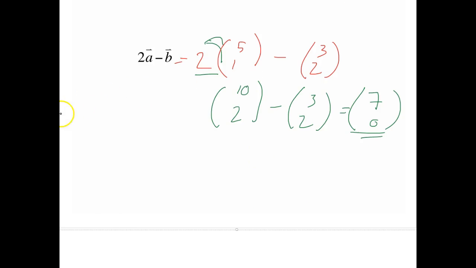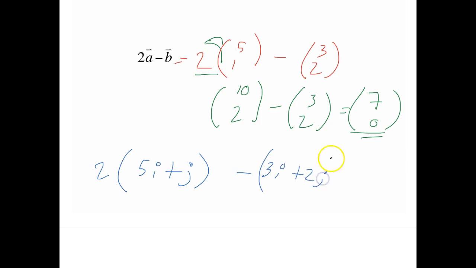Now they could also set this up in unit vector form. So instead of being like in the nice cool vertical form, they could be like 2 times, let's say, 5i plus j minus b, which would be 3i plus 2j, right? So the same concept, you do the exact same, which is written in a different form.